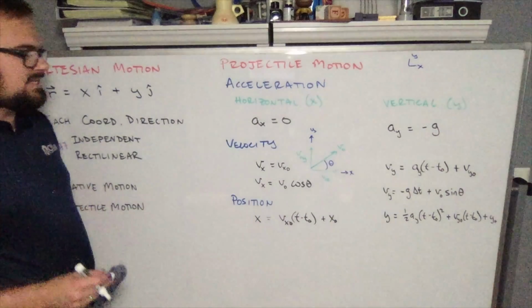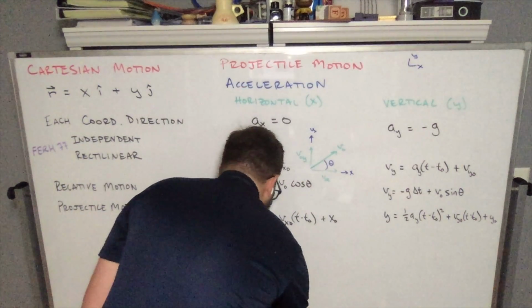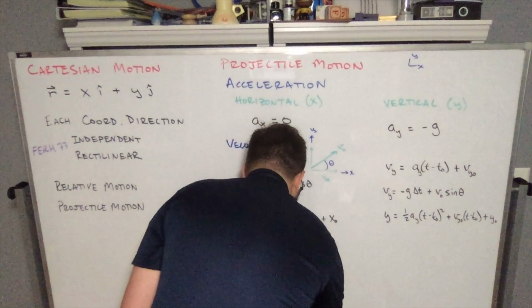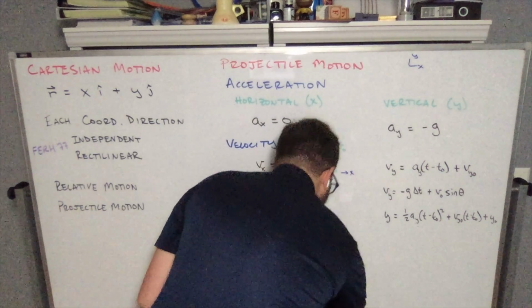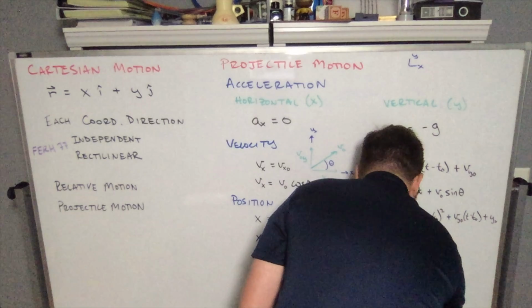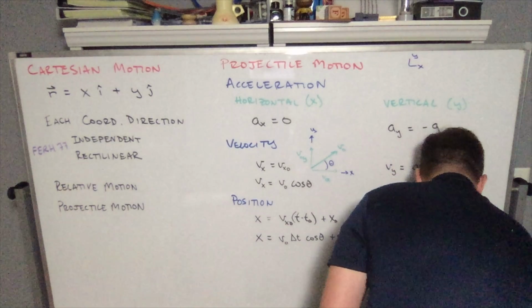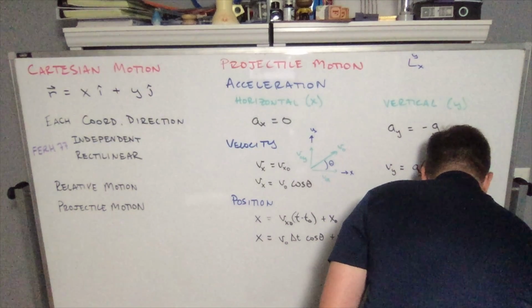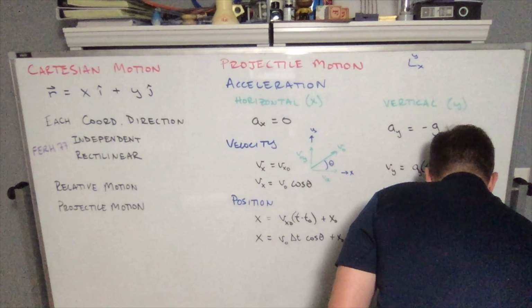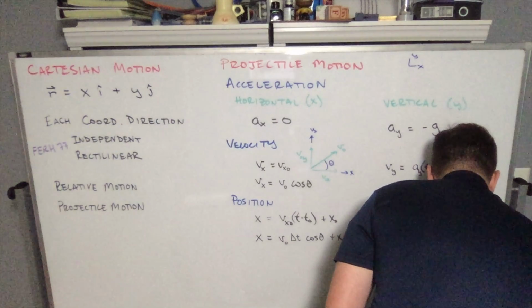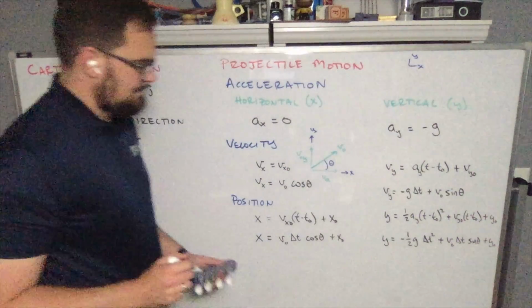Now, if we substitute in these sines and cosines, these things that we already know here, these equations will change just a little bit. We'd get x equals V naught delta t cosine theta plus x naught, and y is equal to minus 1/2 g delta t squared plus Vy naught delta t, and Vy naught we know, V naught delta t sine of theta, plus y naught.